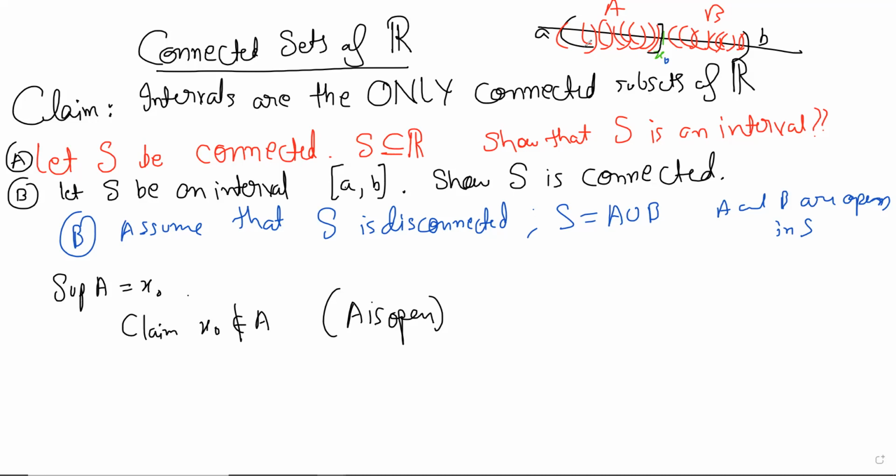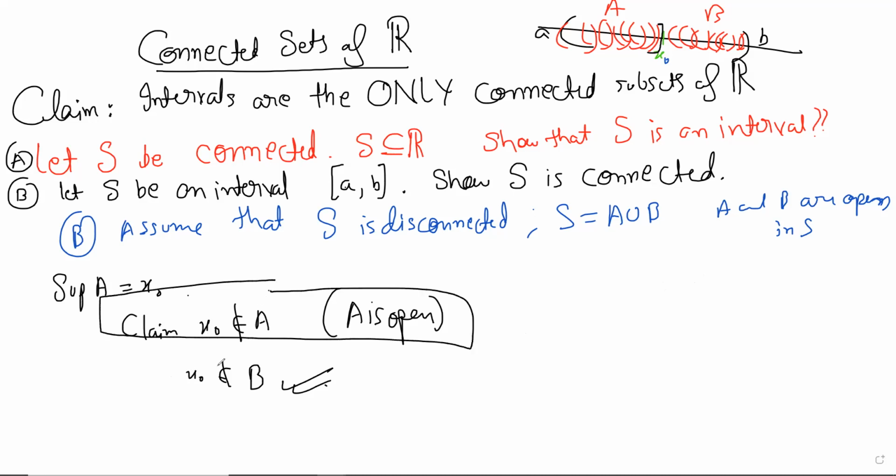Just try to see that because A is open, it will not be in A, and also more importantly, x naught is not in B. So x naught will clearly not be in B. That is very clear. That is because these two are open. Because these two are open, the supremum is a limit point. So the limit point of A cannot be in B. That's very clear. We need to just make sure that we prove this.